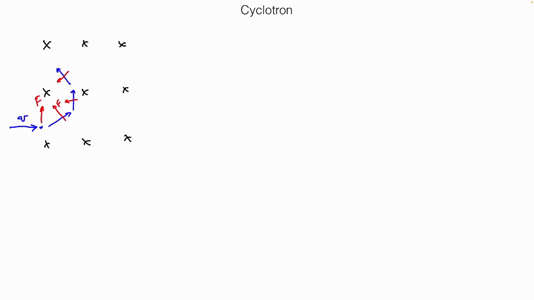In, towards the center. No matter where I start my hand, my fingers are into the screen. No matter where that velocity is, which way is my thumb always going to be pointing? Towards the center. The path of this particle is an arc. That was a really bad arc. It's an arc.